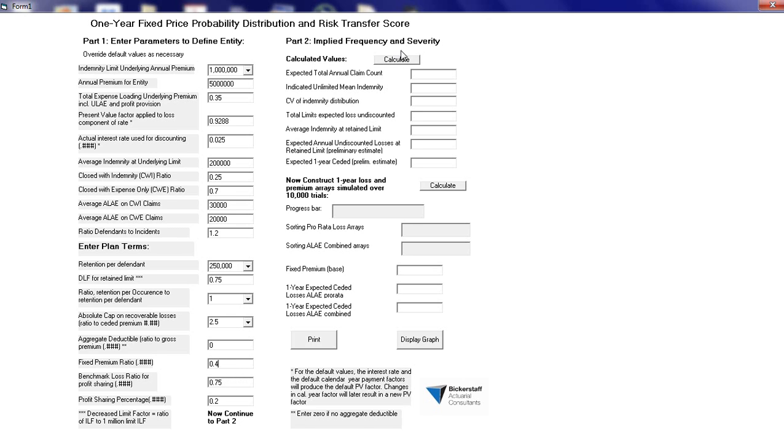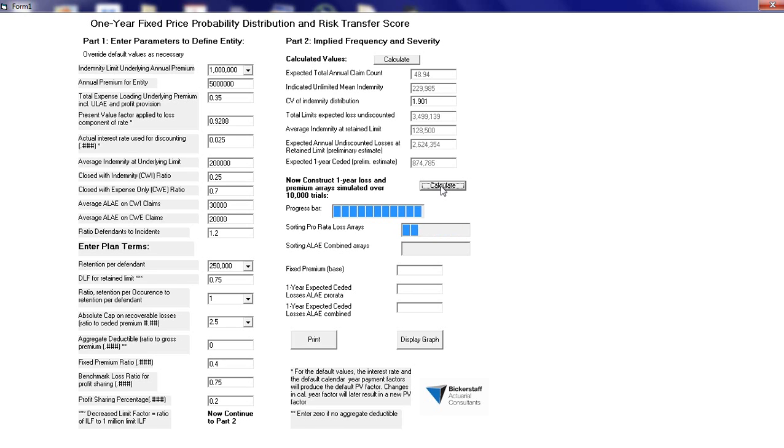Then we're going to make these preliminary calculations just as we did before for the swing plan. And now we're going to use the 10,000 trial simulation. This time we're only going to use 1 year rather than 3 years.